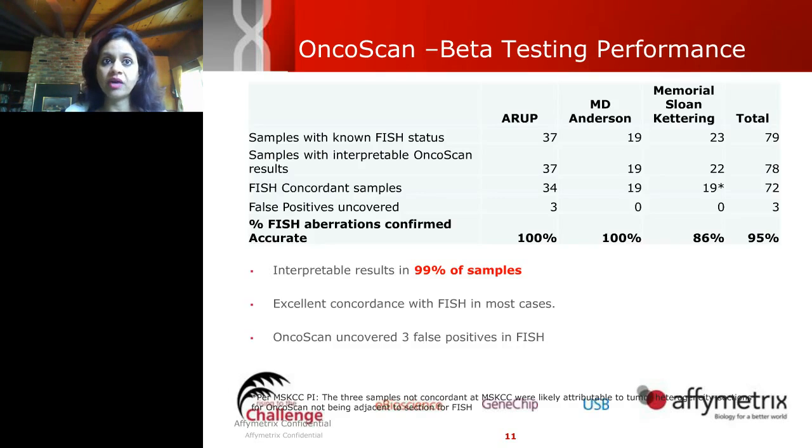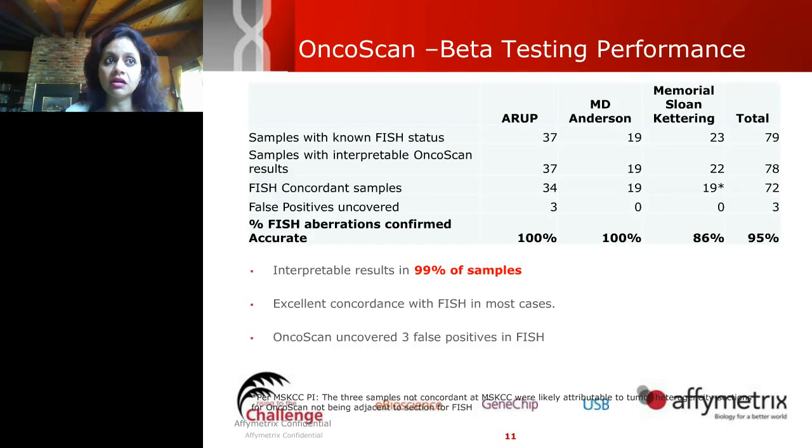And this is exactly what happened. And this is how the false positives were uncovered on OncoScan. In each of these cases, the centromere was deleted, so the ratio of HER2 to CEP17 looked like a positive, but the HER2 gene itself showed no amplification.